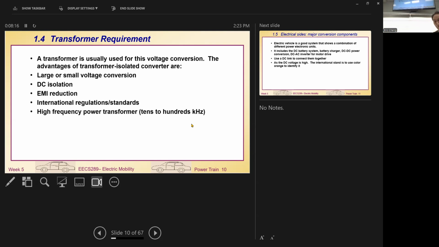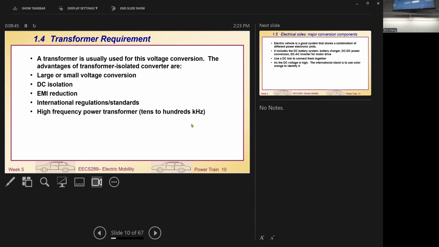So that means nowadays all charger systems, by law or by standard, somehow have a transformer inside. Many systems are like that; even with your PV system, if you connect your PV to the power grid, you still need a transformer for protection. This will provide you a few functions: the EMI reduction, where all the EMI can be stopped here, and also DC isolation.